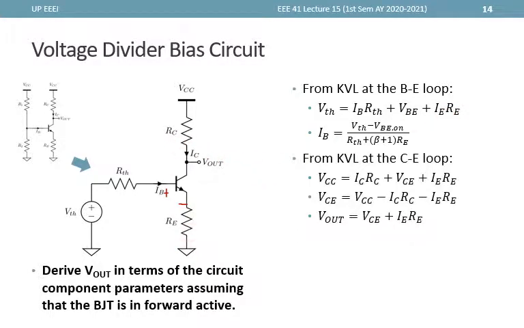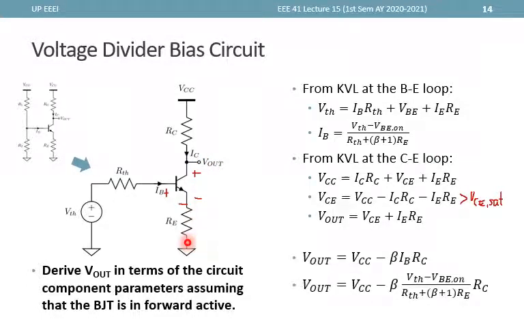Now, the output side, again, this is VCE. So VCC is equal to IC RC plus VCE plus IE RE. And isolating VCE, we get VCC minus IC RC minus IE RE, which we want to be greater than VCE sat. In terms of output voltage, Vout is equal to VCE plus IE RE.